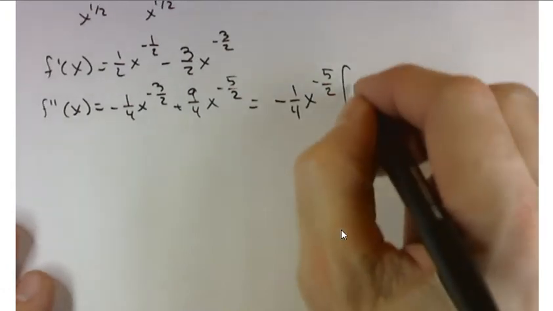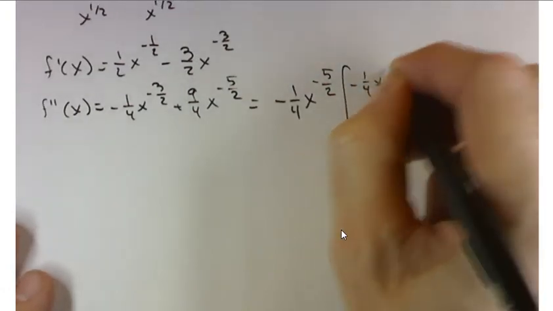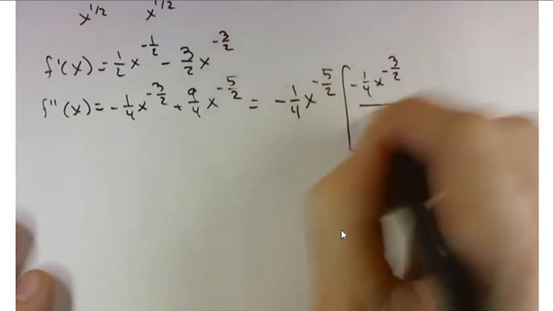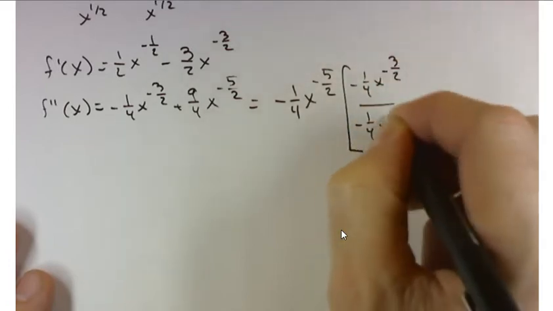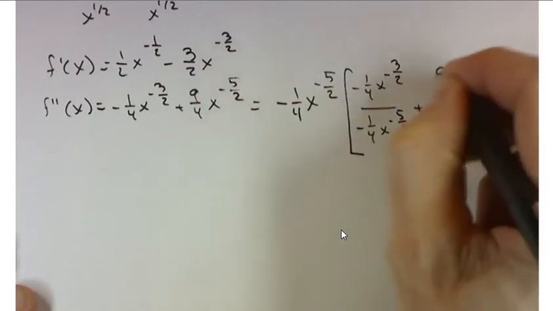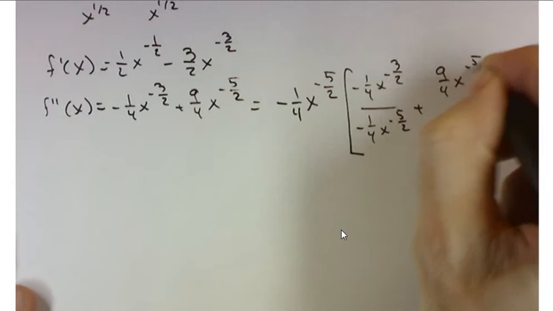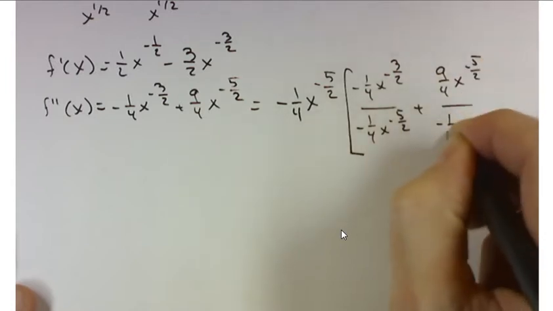So negative 1/4 x to the negative 3/2 divided by negative 1/4 x to the negative 5/2, plus 9/4 x to the negative 5/2 over negative 1/4 x to the negative 5/2.